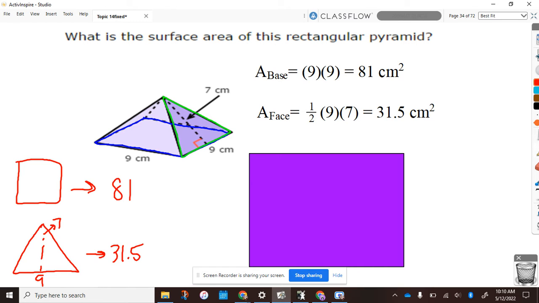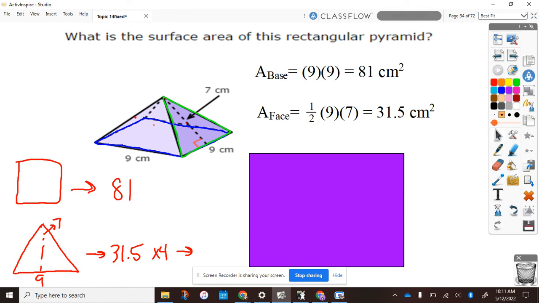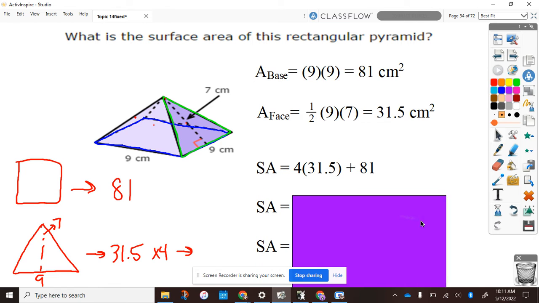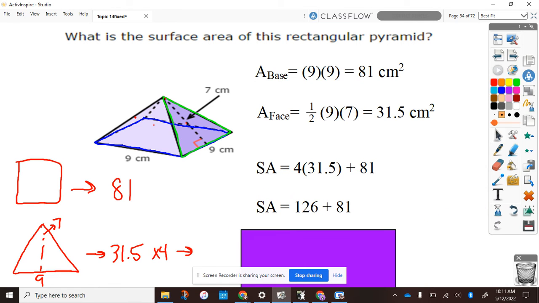When we're dealing with these triangles, there are 4 of them. There's 1, 2 that you can see on the front. There's one on the back right there, and another one on the back side over there. There's one attached to each side of that square. All of them are the same size. So we take that 31.5, we multiply it times 4, and that gives us a total area of 126.